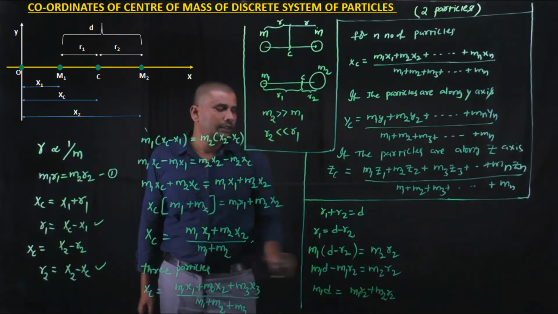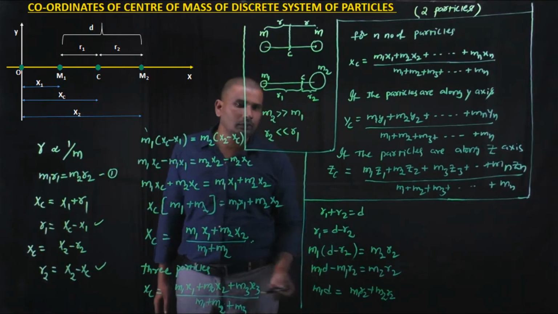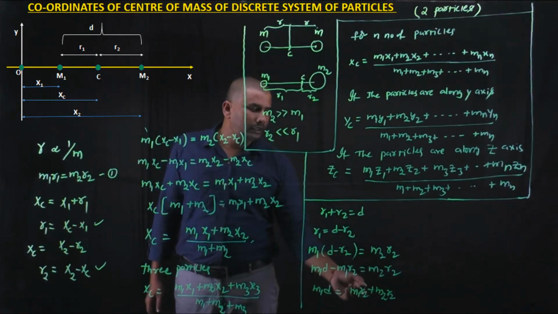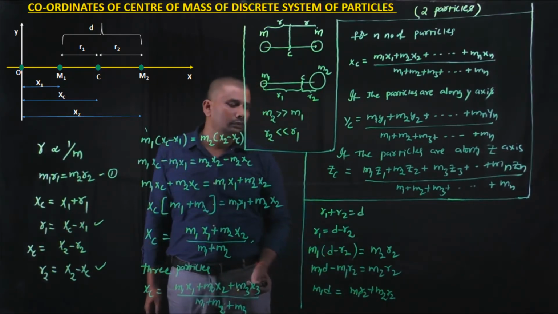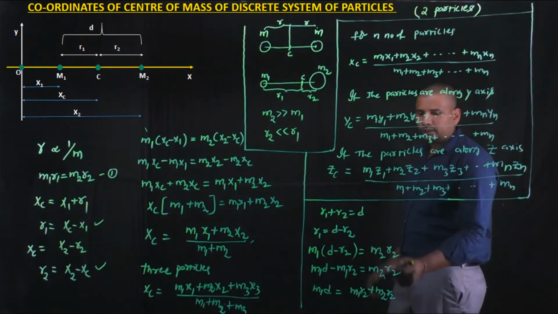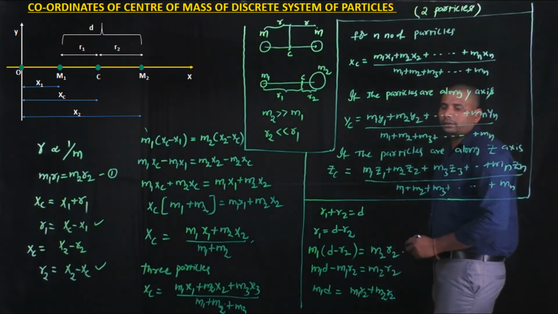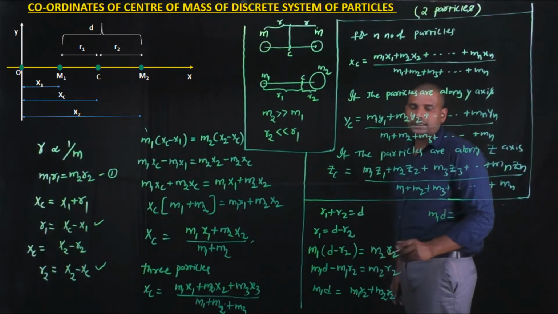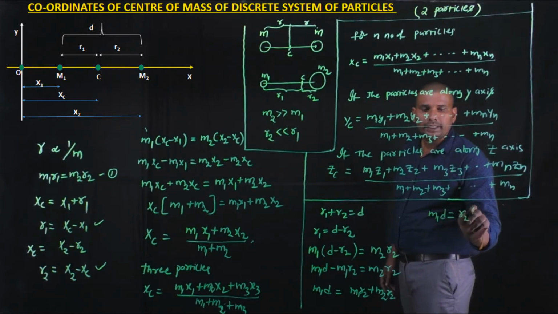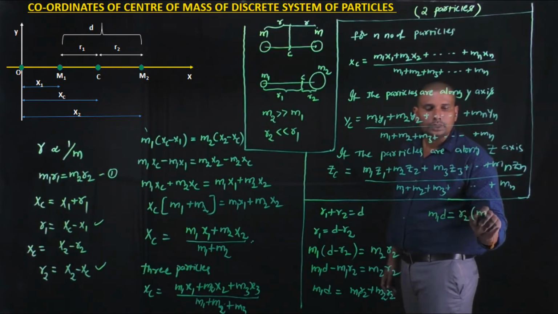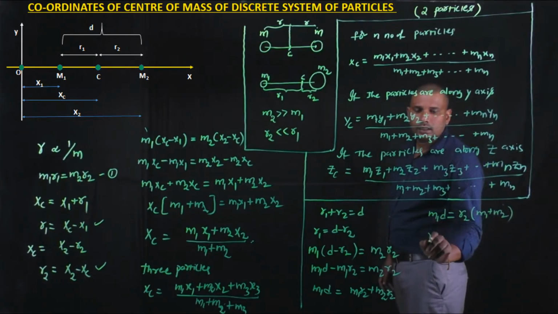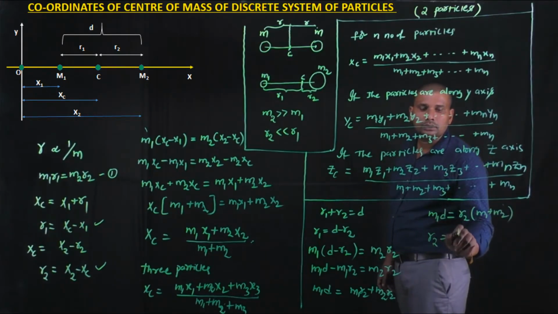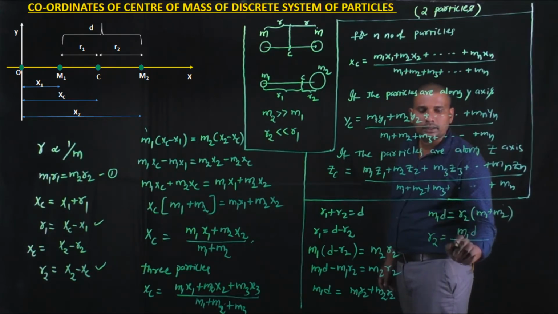In this, there is a common term r2. By taking r2 common, it is r2 into m1 plus m2. So m1d is equal to r2 of m1 plus m2. From this, r2 is equal to m1d by m1 plus m2.